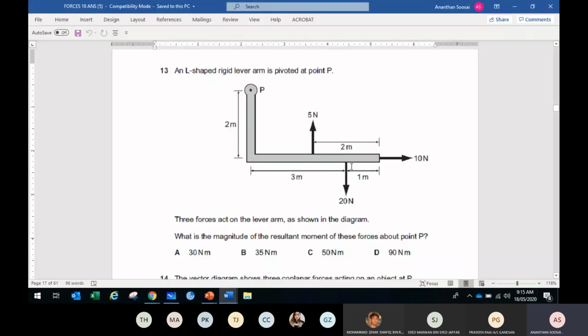And clockwise moment is 20 times 3, sorry, 60. So finally it's a clockwise moment of 30. So the answer is A.